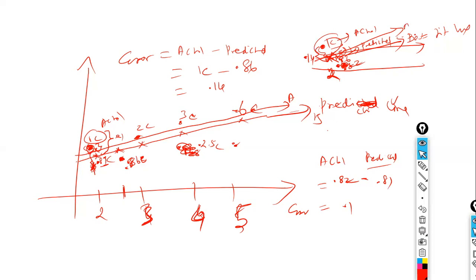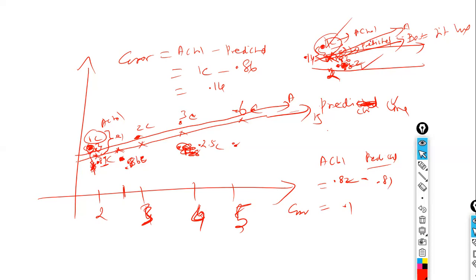If you use line A, for this actual value it reduces the error, but for this actual value, since the distance is too far, the error is more. But instead of using A, if I use B, it is optimal, right? The distance between this value and this value is almost similar.